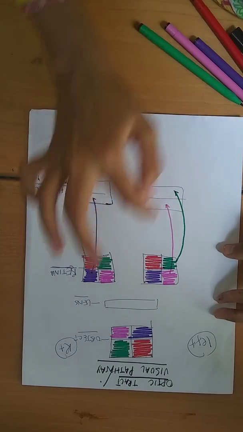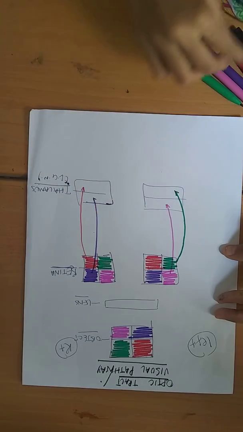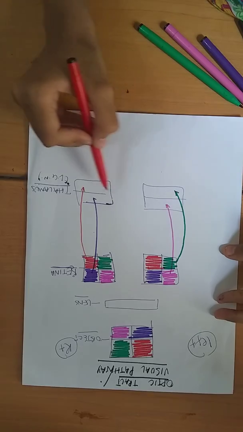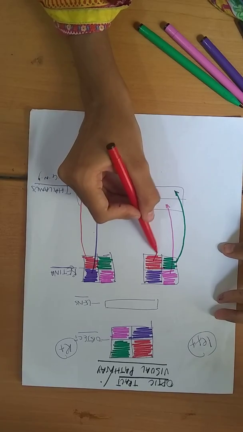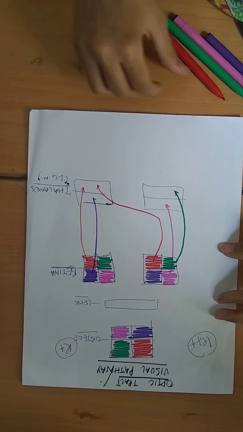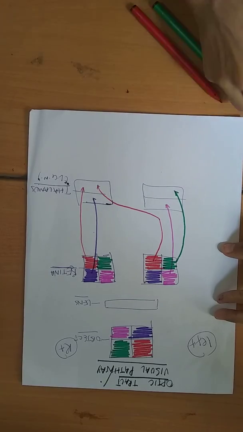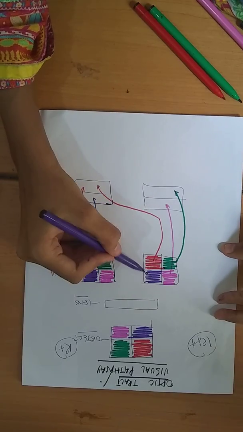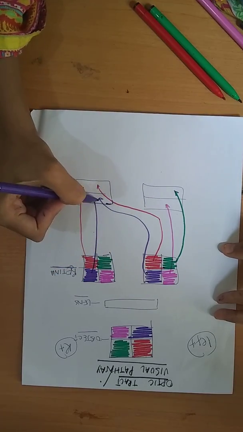Also, the nasal portion decussates, inferior falls inferiorly, but left side on right side. Superior portion superiorly, but left side on right side.